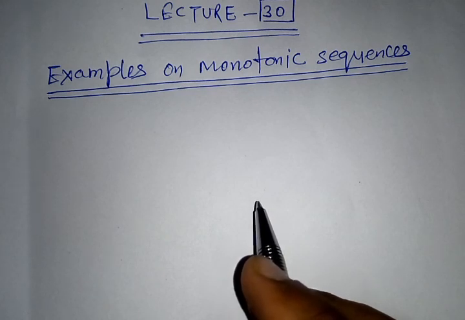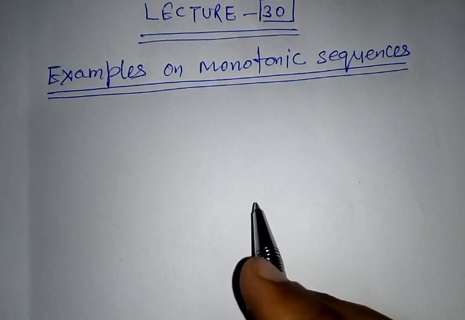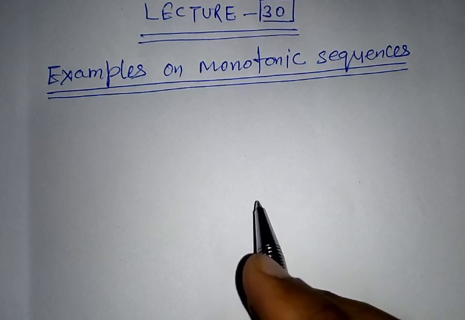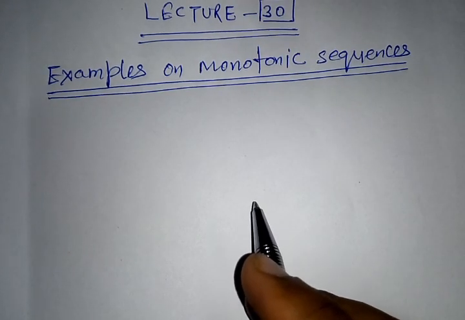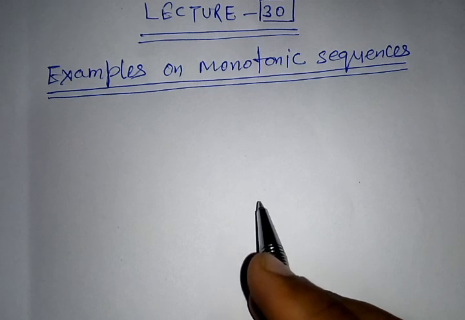Also, if we have any sequence which is monotonically increasing sequence which is not bounded above, then it diverges to plus infinity, and if we have a sequence which is monotonically decreasing sequence which is not bounded below, then it diverges to minus infinity. So these some results we have done in our earlier lecture.